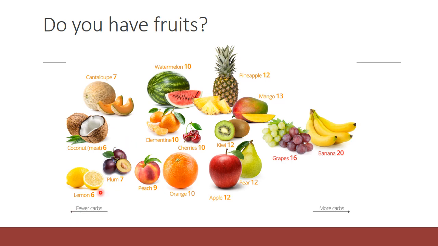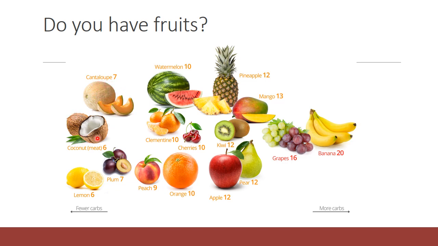We have lemon, plum, peach, orange, apple, pear, grapes, bananas, mango, pineapple, kiwi, cherries, clementines, watermelon, cantaloupe, but it's more common in English, melon, and also coconuts.